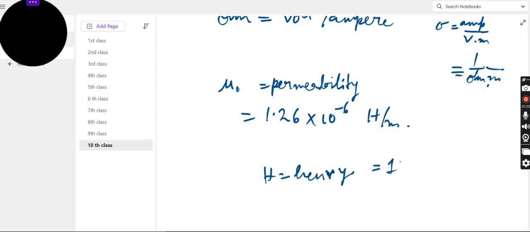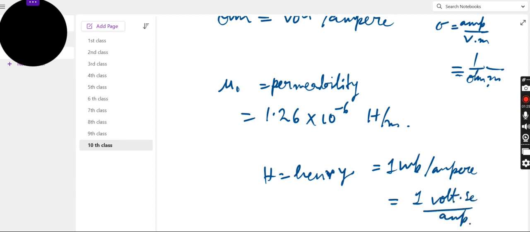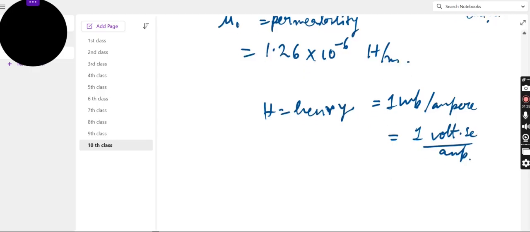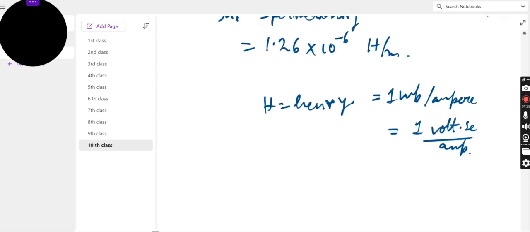So one Henry is 1 Weber per ampere, or we can say 1 volt second per ampere. These things are pretty obvious, but still people forget those things.